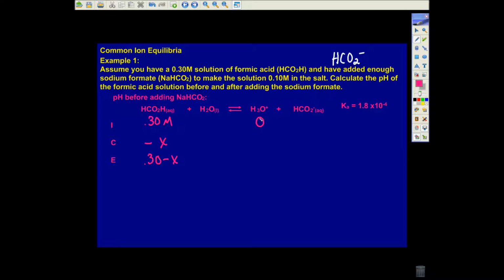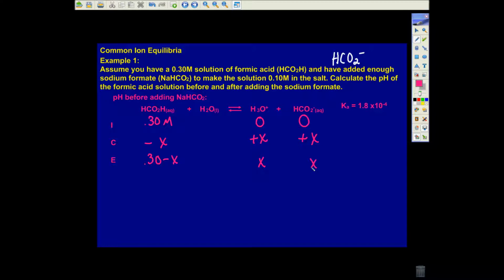We started with 0, and then you're going to make X amount of both of those ions because this reaction is 1-to-1. So your equilibrium concentration for both of those will be equal to X.